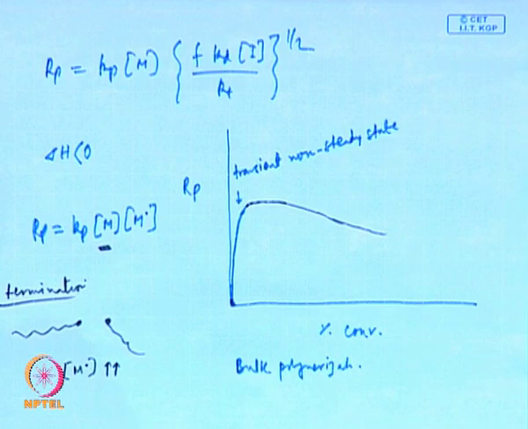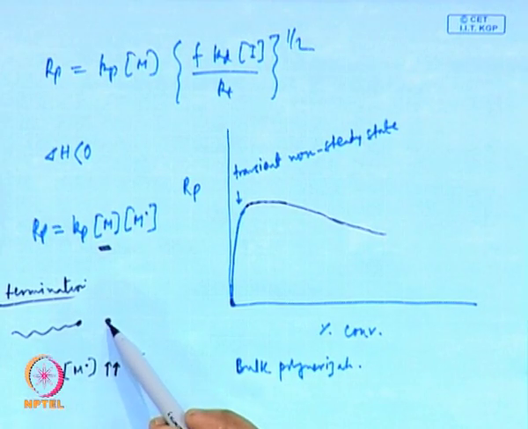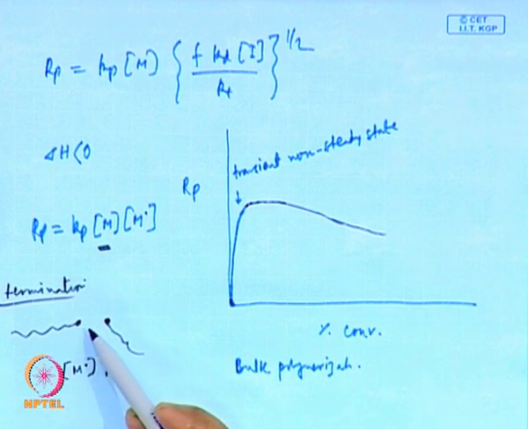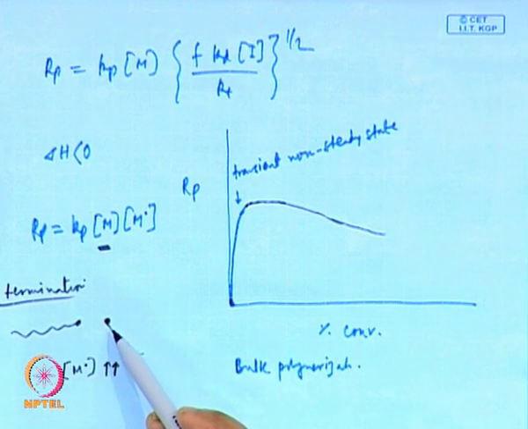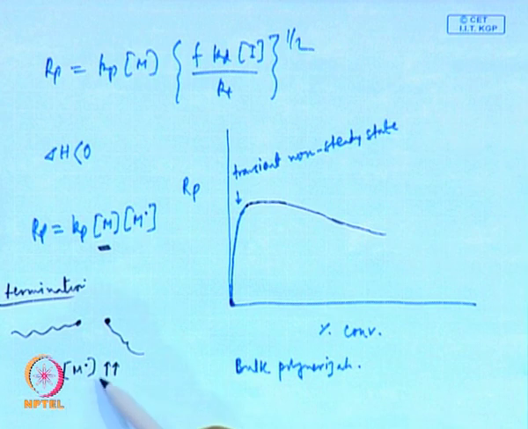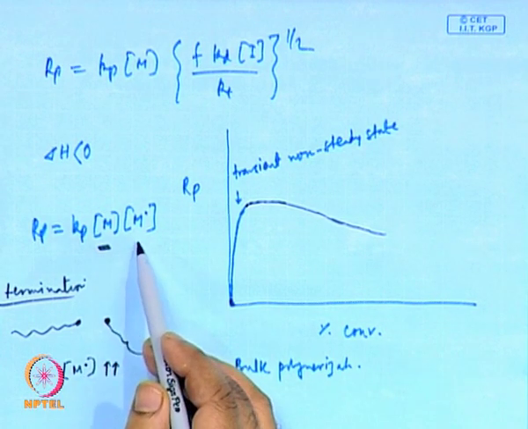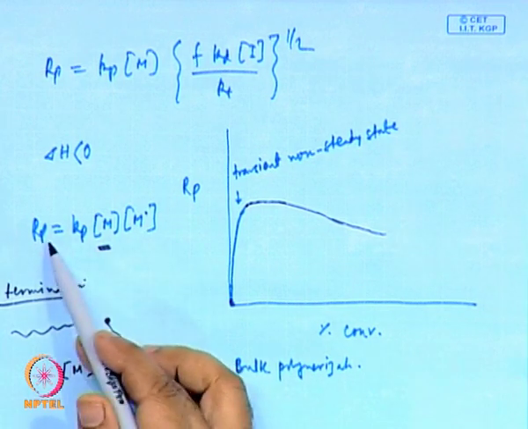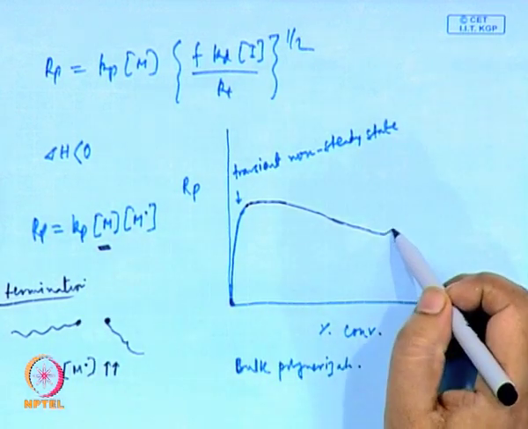Because the viscosity is very high, the termination reaction has become diffusion controlled. The propagating radical finds it difficult to find another propagating radical to undergo a bimolecular termination reaction. So, the concentration of the propagating radical goes up. Now, once this concentration goes up, what happens to the rate? The rate goes up.